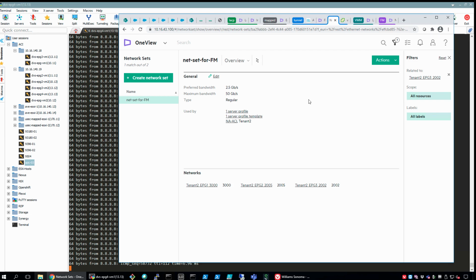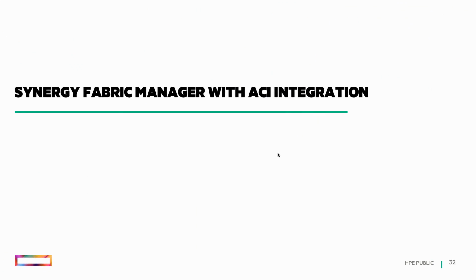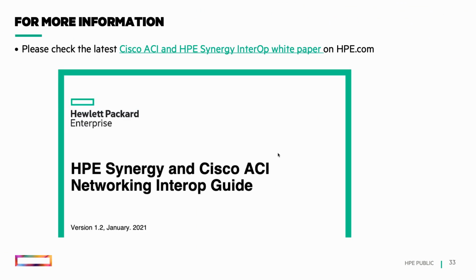Okay, so that finishes the Synergy Fabric Manager integration with ACI, the demo part. So pretty much, that's it for the presentation. I really recommend you check the latest Cisco ACI and HPE Synergy Interop white paper on hpe.com.